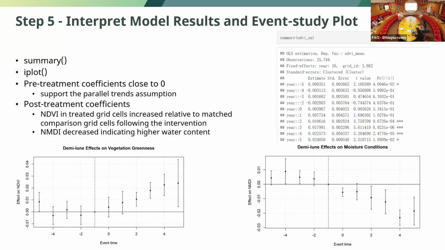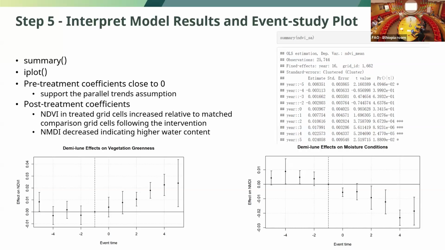So for a pixel which never had a Demi-lune on it, what year would it be? It will be infinite because it's never been treated, and it's just for comparison. So the comparison is made between the treated cells, the grid cells that have Demi-lunes, and the not-yet-treated grid cells.